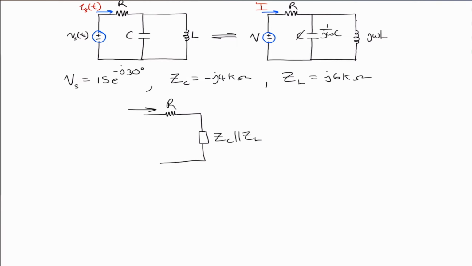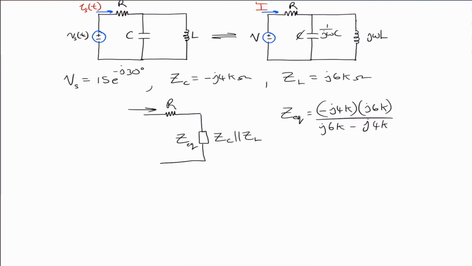So our impedance, let's call that equivalent impedance. Our equivalent impedance is equal to our capacitor, minus j4 kiloohm, I should say, times our inductor, j times 6 kiloohms, and that divided by j6K minus j4K.